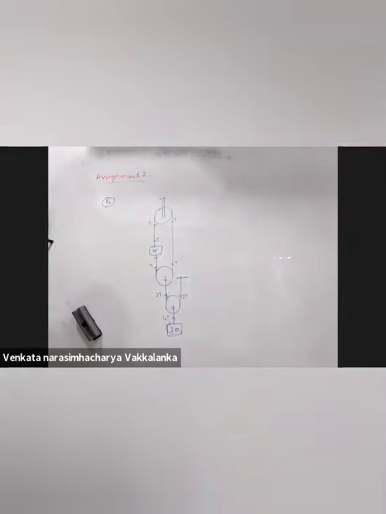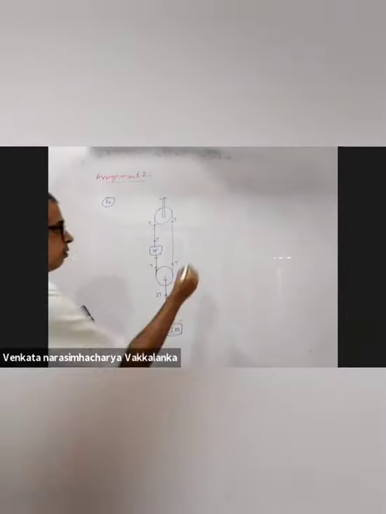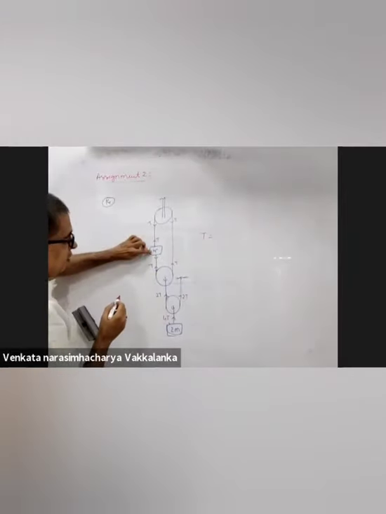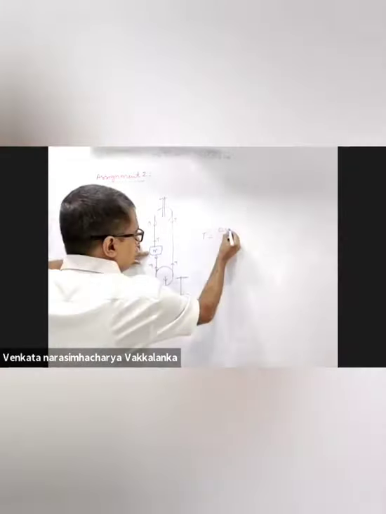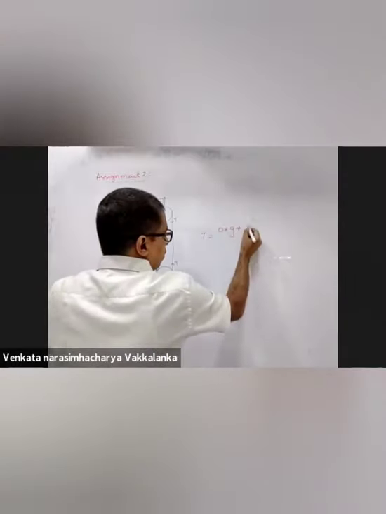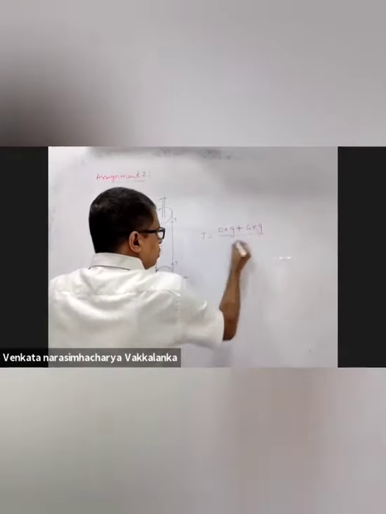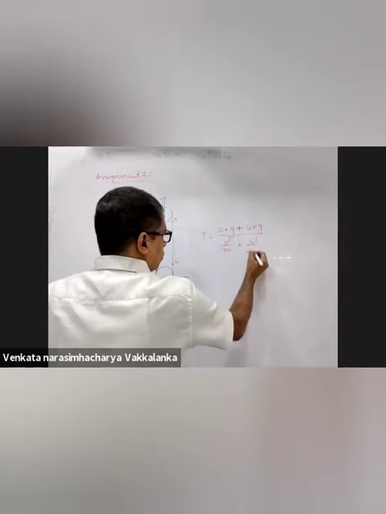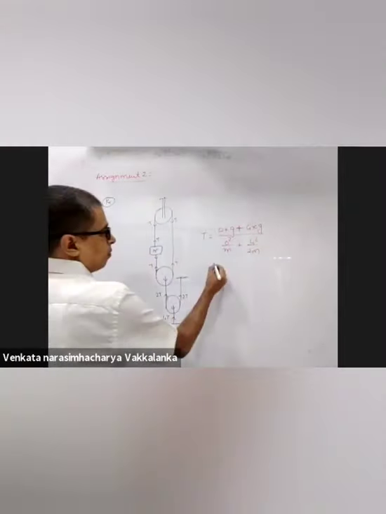This will be 4T. What will be the value of tension? What is the net coefficient of tension on this? 0 into g plus what is the coefficient of tension here? 4 into g upon 0 square by M plus 4 square by 2M.